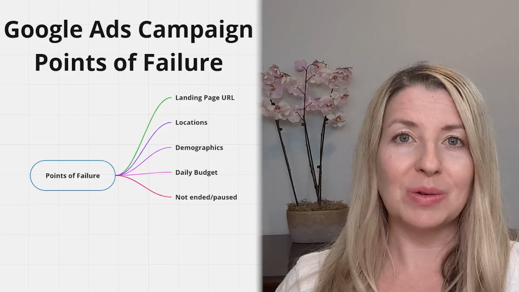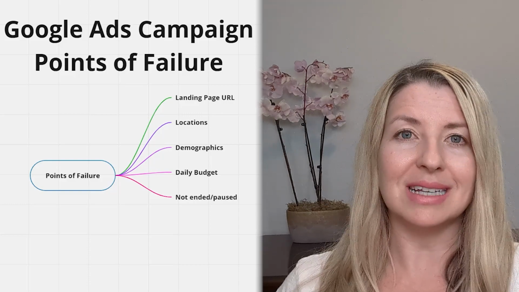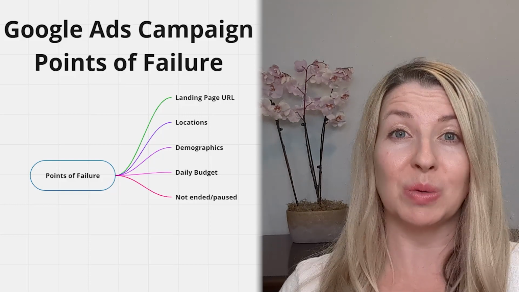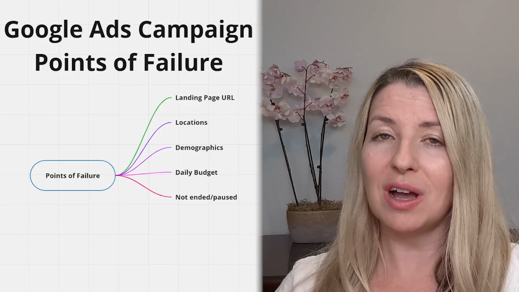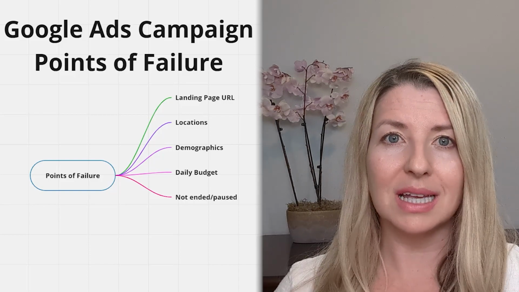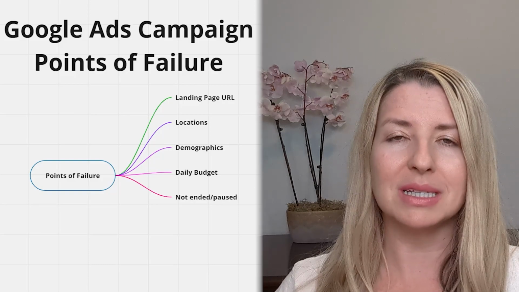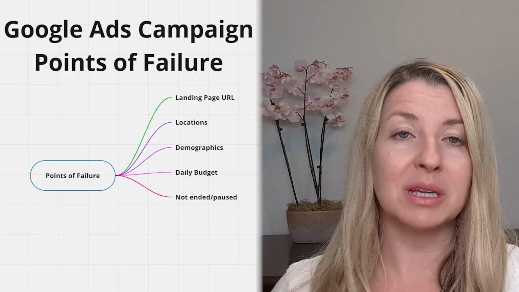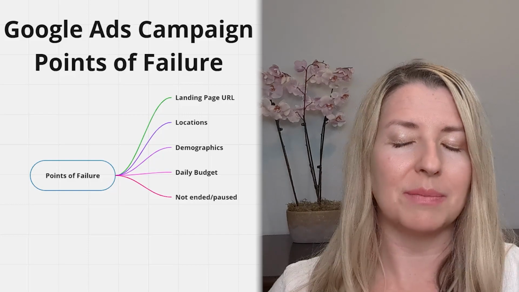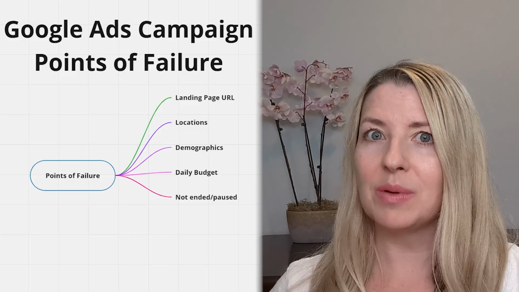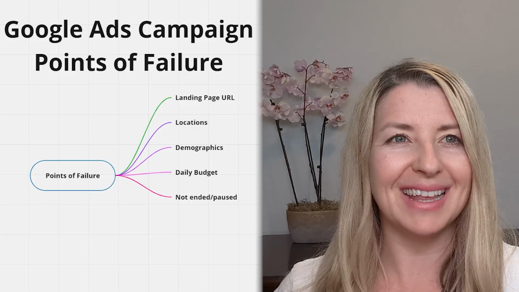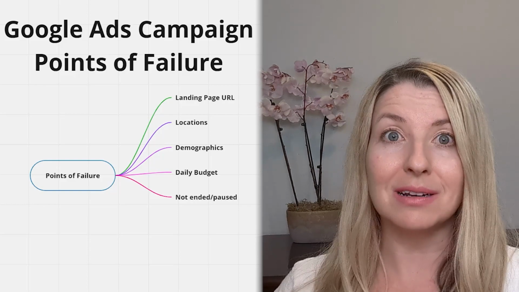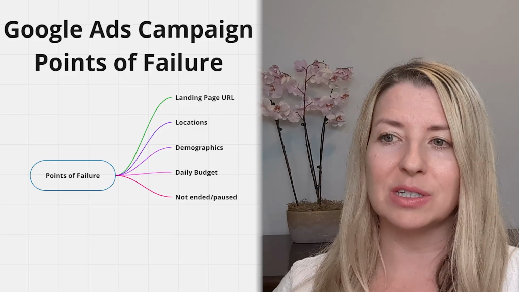What I like to do now, because of that error, is always set a campaign daily budget to $1. That way, if you accidentally leave it turned on and not paused like it's supposed to be, or a team member does that, then it'll be spending $1 a day and it's not that big of a deal. But that's an easy way to accidentally waste money on Google if you have an active campaign that's not supposed to be. And it's literally a toggle, so it's easy to turn on.